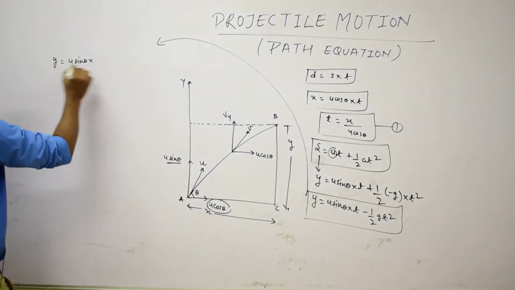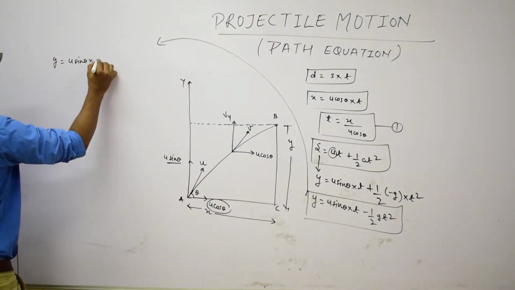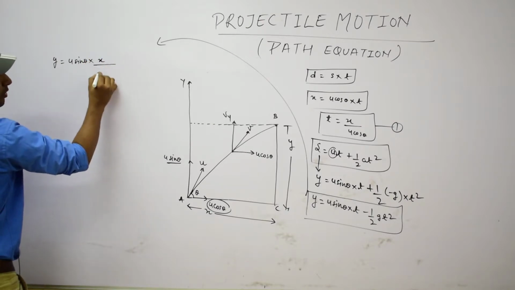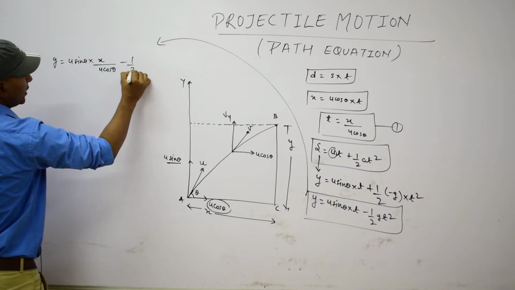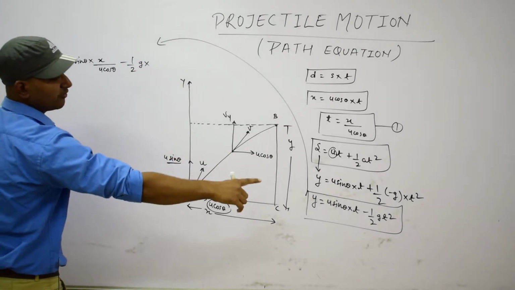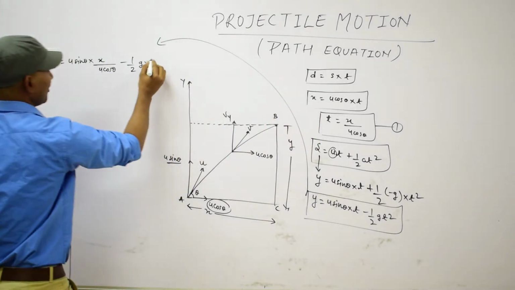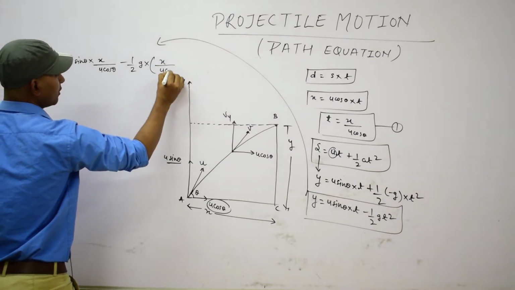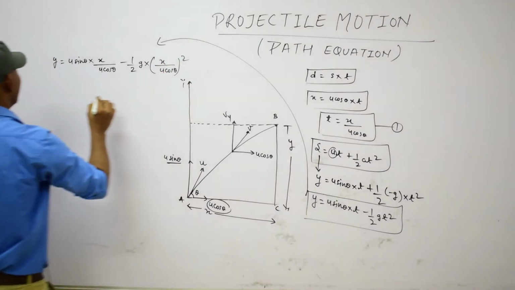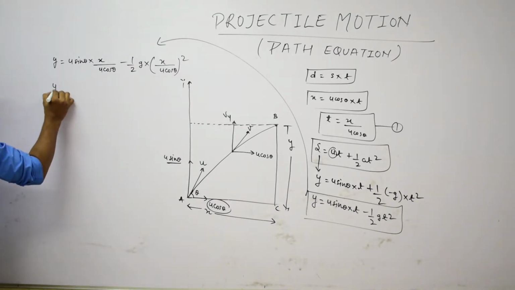So u sin theta into x upon u cos theta, okay, minus 1 by 2 g. In place of t square I can put this value also from equation 1. So it is just x upon u cos theta whole square. Okay, on solving you will get the result.